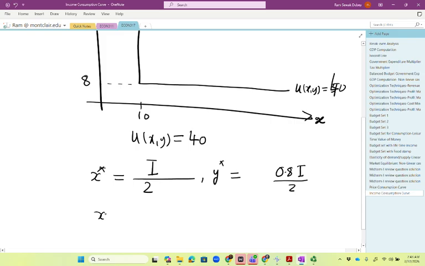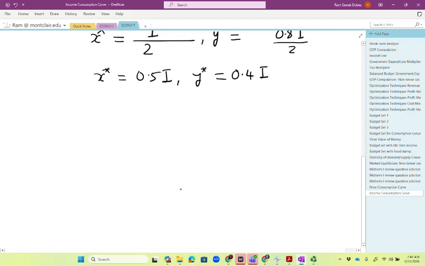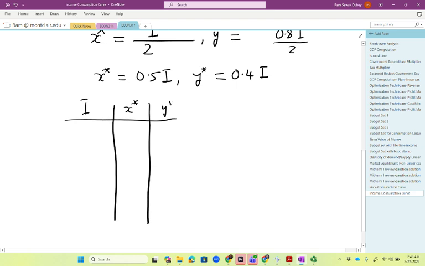I could also write it as X star equal to 0.5I, Y star equal to 0.4I, and now we can change the levels of income and find out the optimal consumption bundle. So let's have I here, X star here, Y star here, and I start with an income of $120.